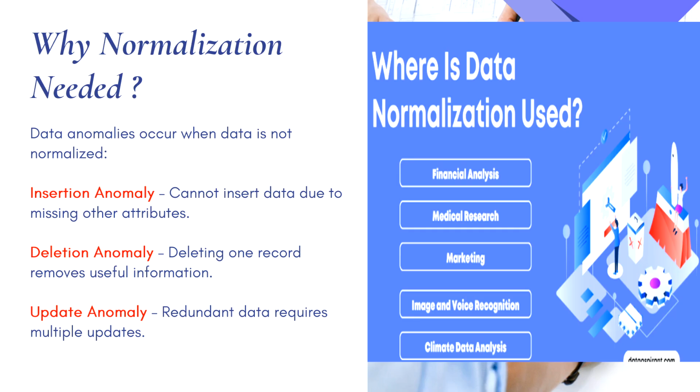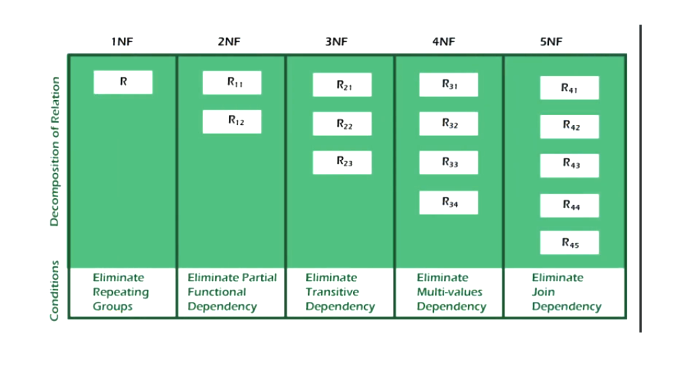Data normalization is used in financial analysis, medical research, marketing, image and voice recognition, and climate data analysis. Let's see the types of normalization. There are different normalization forms: 1NF, 2NF, 3NF, 4NF and 5NF.